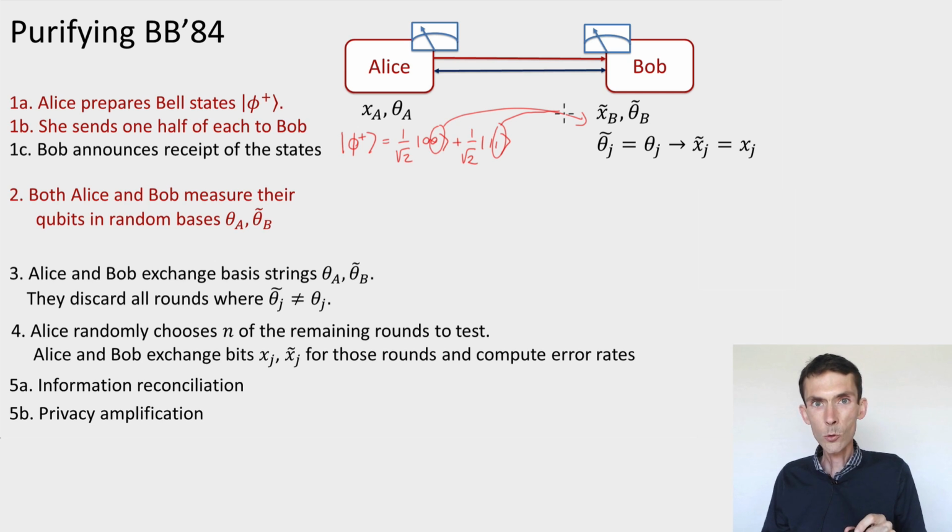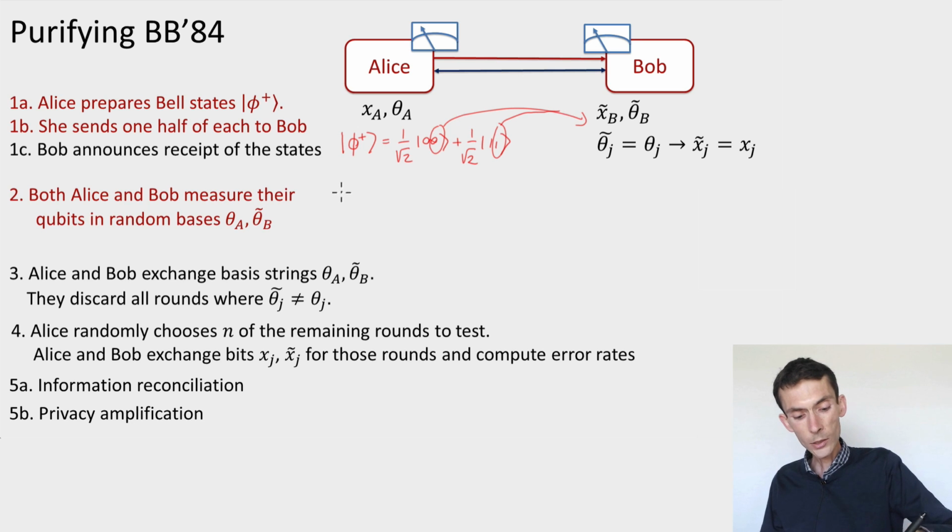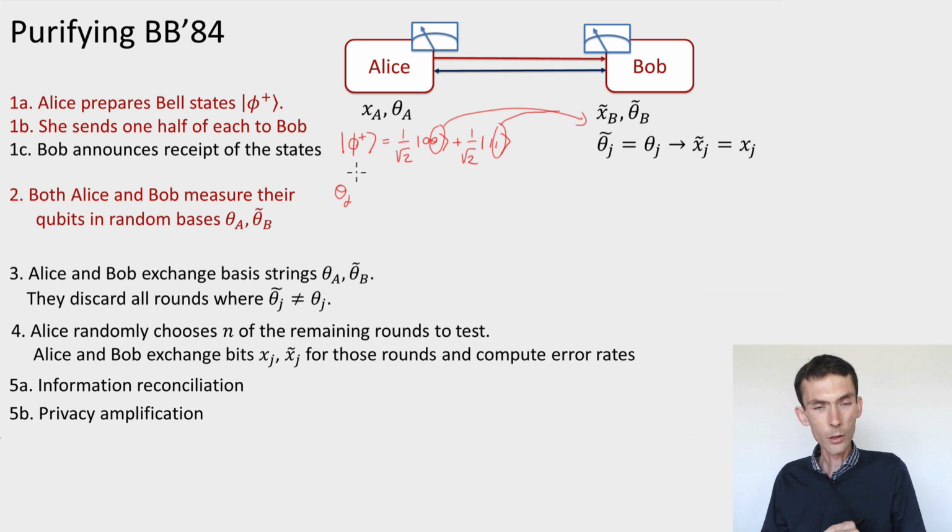Now I claim that this is equivalent. Why is it equivalent? Well, Alice and Bob can make their measurements simultaneously or one after the other. It shouldn't matter because they're in different distinct locations. Let's have Alice go first. So if Alice chooses a basis theta j and measures her share of the entangled state phi+ in the basis theta j, recording an outcome xj, what is the post-measurement state at Bob's side? Well, we know how to compute this.